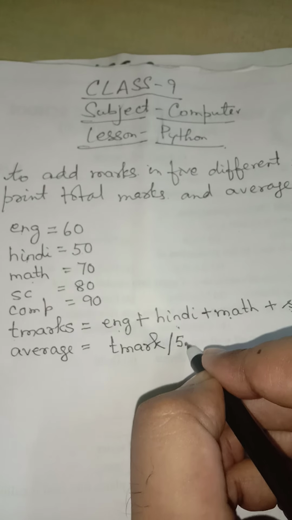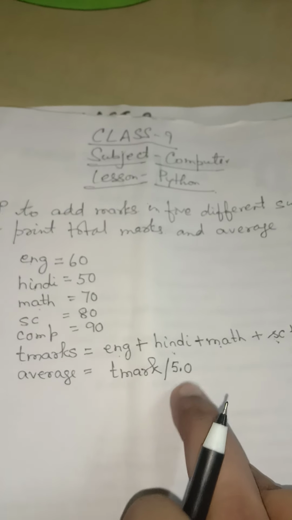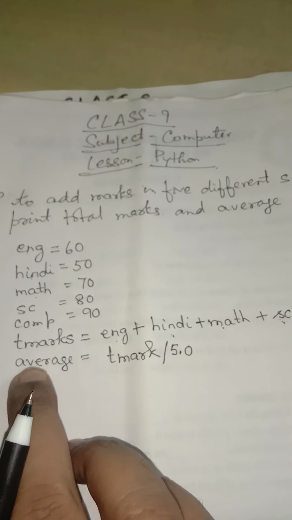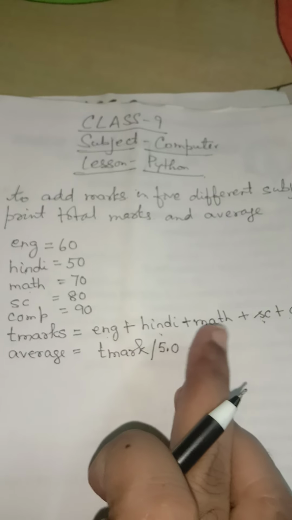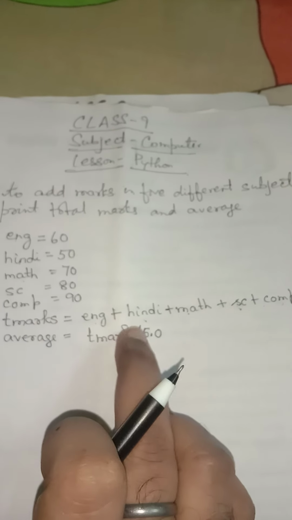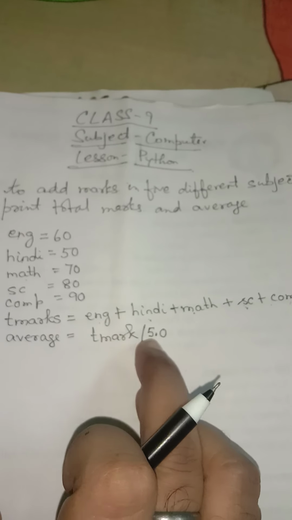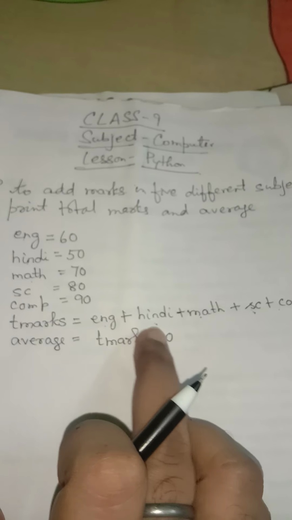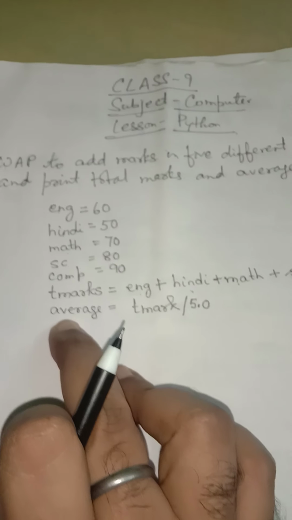I can say 5.0. This is a float type value. So average is the name of the variable over here, and total marks contains the sum of all the 5 variables, and it is divided by 5.0. So the total marks will be divided by 5.0, and the answer will come in the variable average.